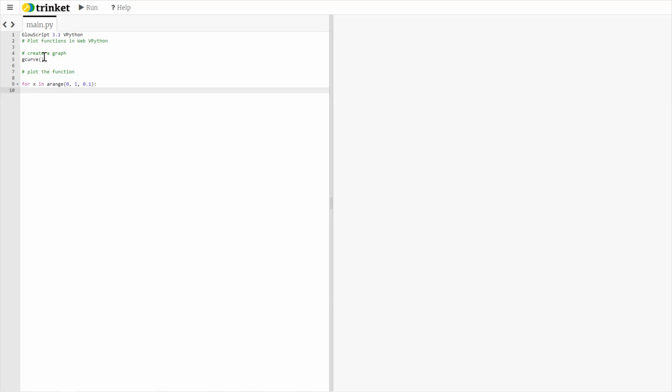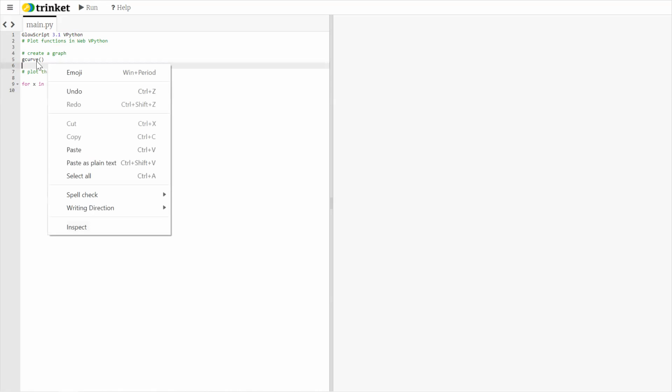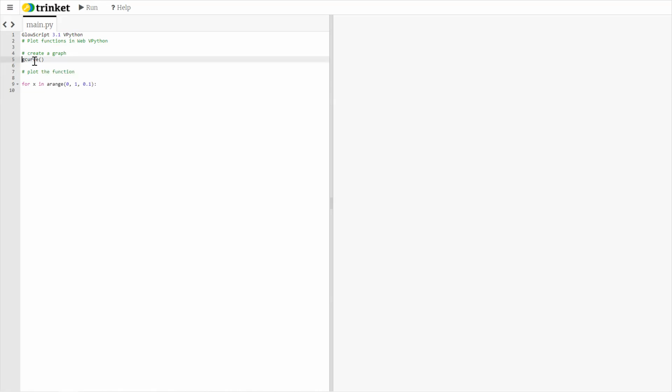So for the plot, what we want is to plot this. You can have a variable to represent gcurve, which is the graphics curve. Let's say name of graph is equal to gcurve. So call that variable name of graph.